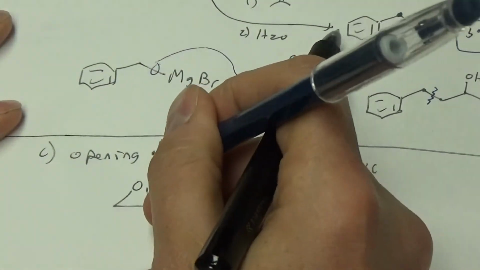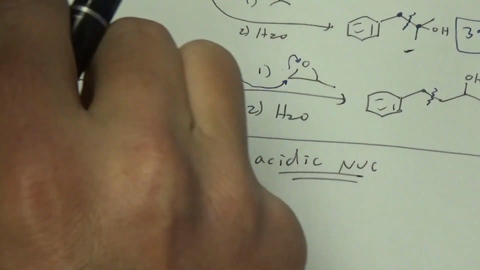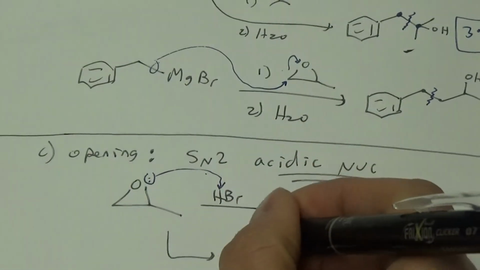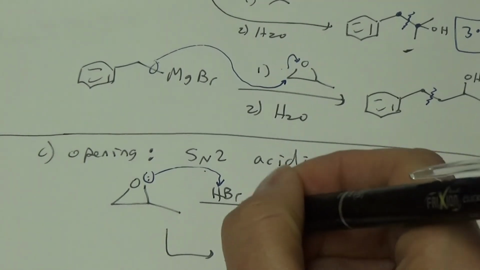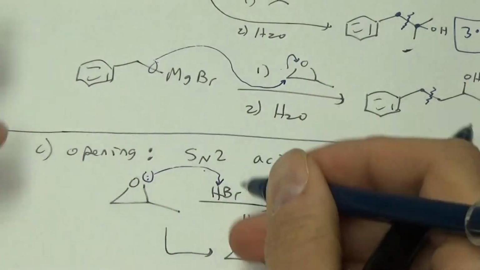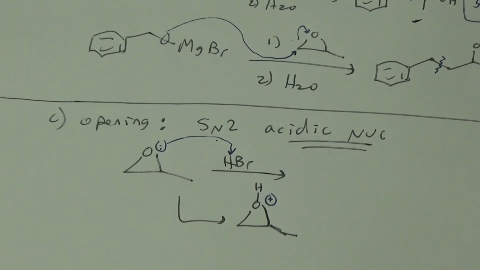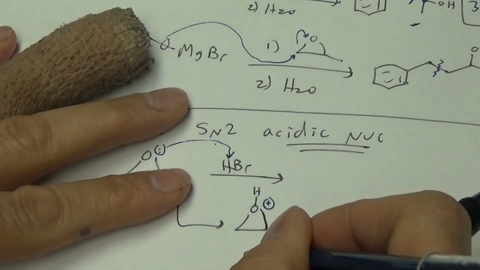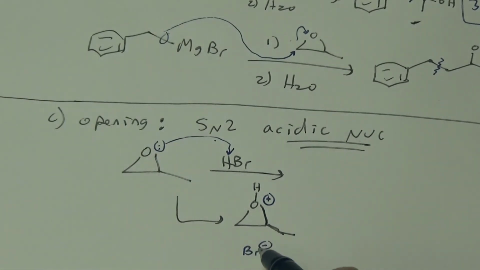But we need to first protonate the oxygen. So with an acidic nucleophile, you protonate the oxygen. Okay, we protonate the oxygen. Alright, we protonated the oxygen, right? And now Br minus is deciding, where am I going to attack? Where am I going to attack in an SN2 style opening?